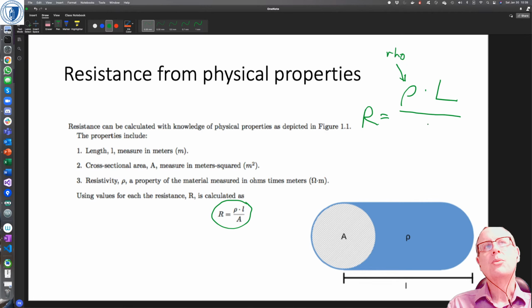So R equals rho L on A. So if we know what material something's made out of, what the length is, and the cross-sectional area, then we can calculate what the resistance of that item is.